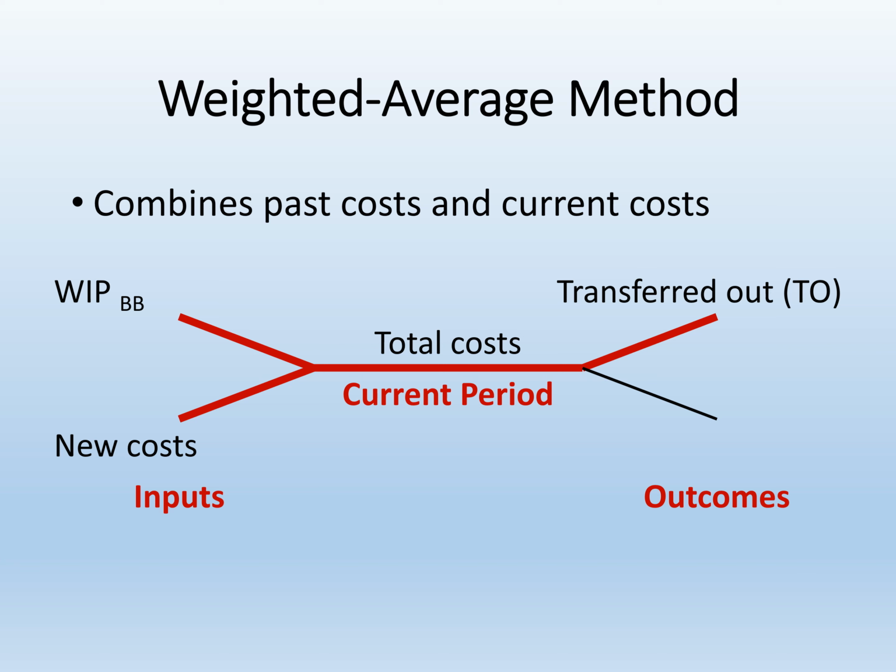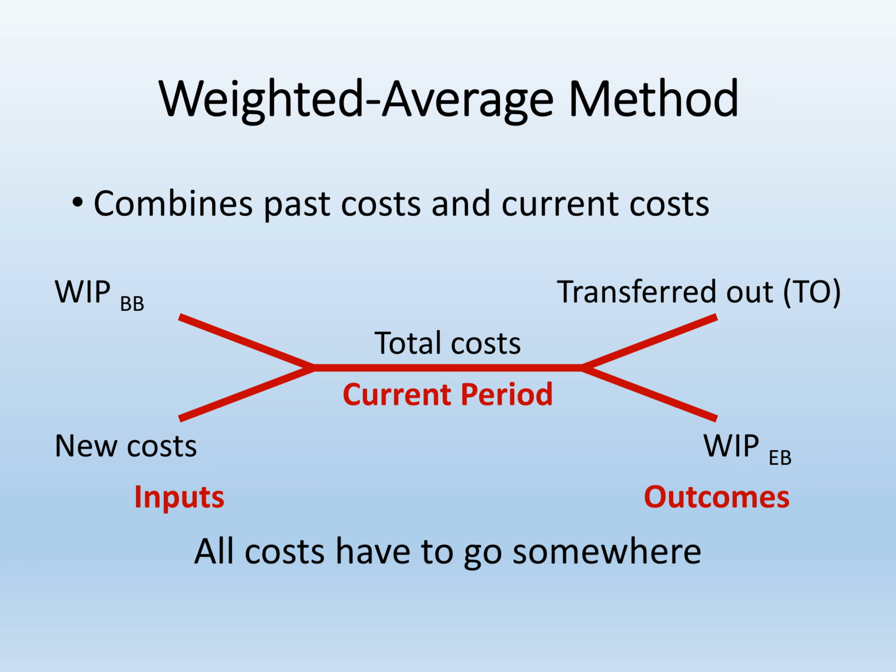Either they're associated with units that got finished and were transferred out of the department, or they're associated with units that didn't get finished, so they're still in the department's work in process at the end of the period. Remember our basic rule that all costs have to go somewhere.